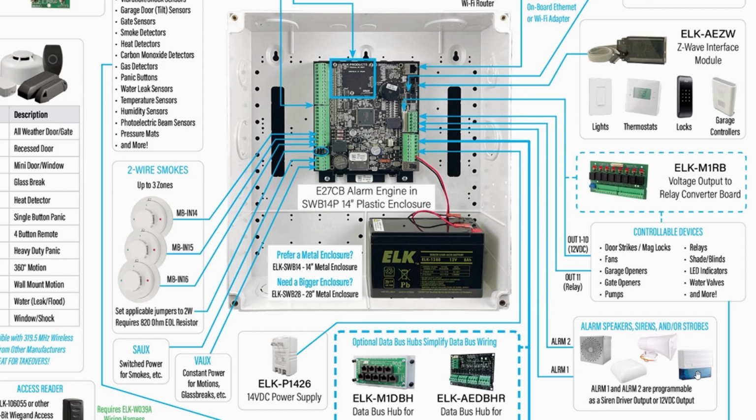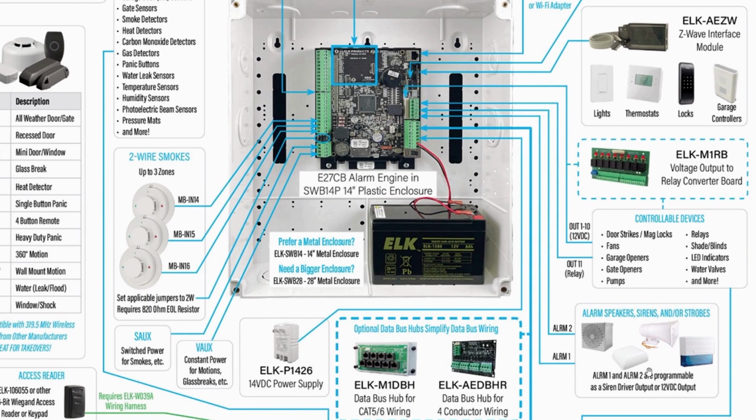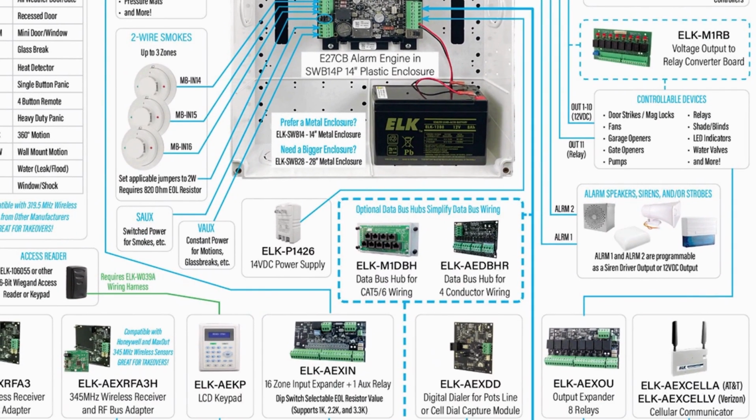Those come pre-programmed as speaker outputs, but they could be configured to be voltage outputs as well if you're using a different type of device. We'll get into that in the configuration and setup, but I'm just touching on the terminology. So outputs is what we're referring to: relays, alarm outputs, things of that nature.